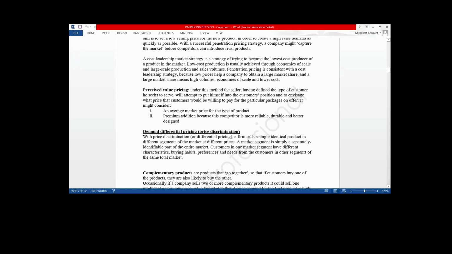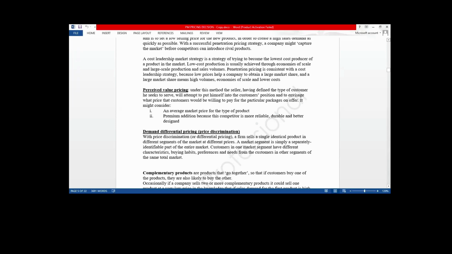Next, price discrimination method, differential pricing strategy. A company can also adopt a differential pricing strategy or price discrimination strategy.